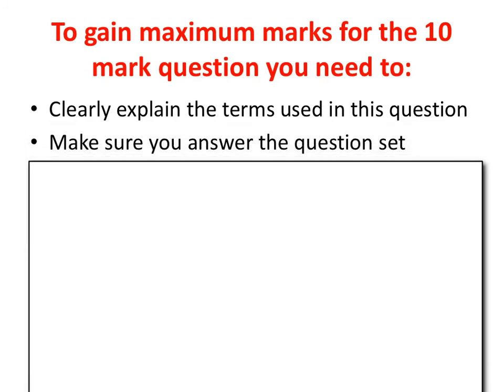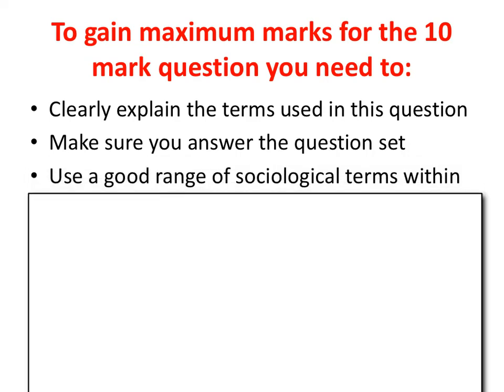You need to make sure that you answer the question set. So if the question, let's say, is about primary socialization, then your focus needs to be on the family. If the question is about secondary socialization, then you need to focus on an agency that's involved with that stage of socialization. So answer the question set.